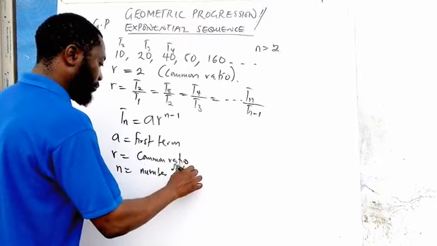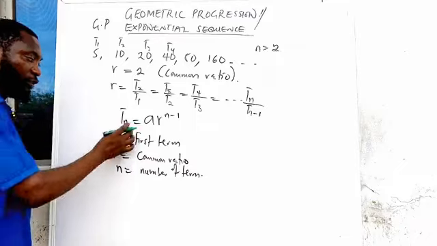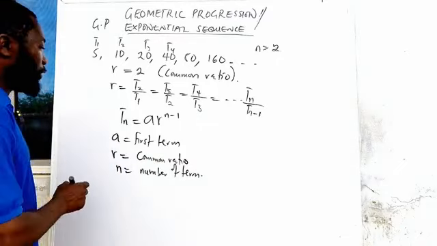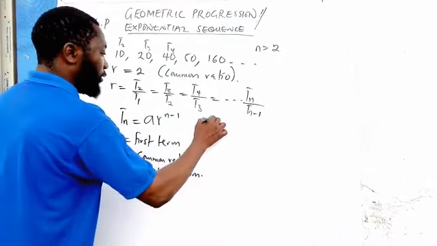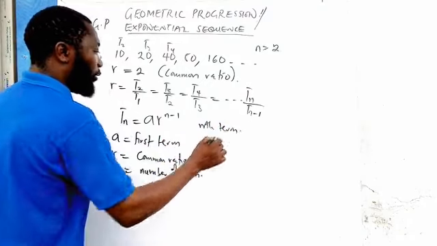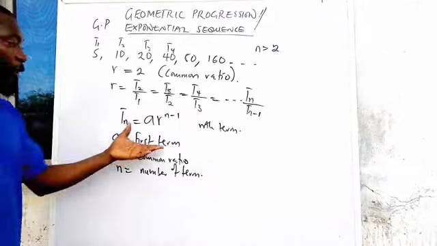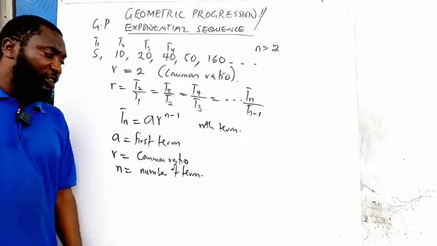Your Tn is the nth term of the sequence. So this is the formula for the nth term of a geometric sequence.